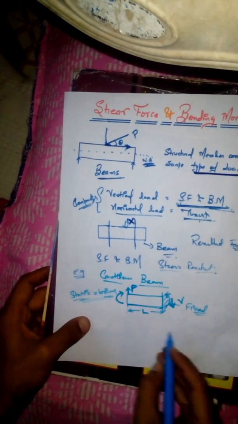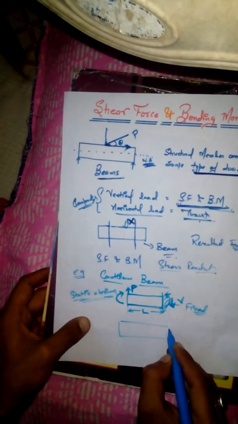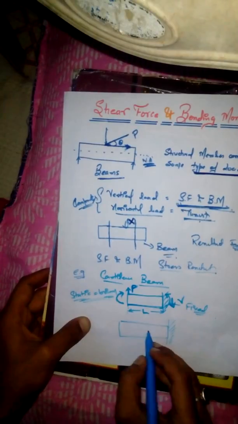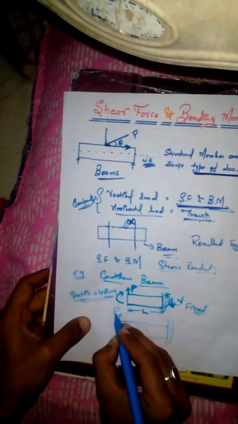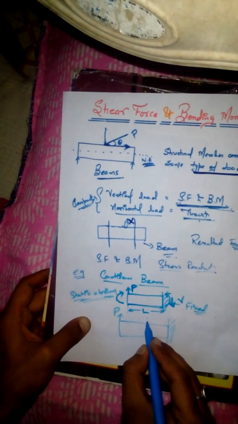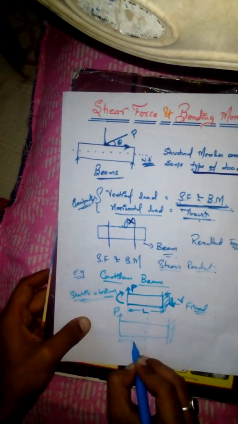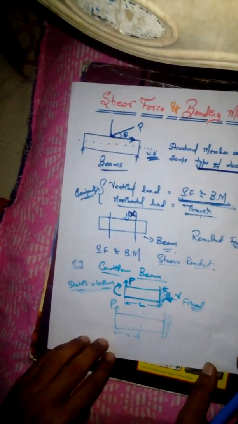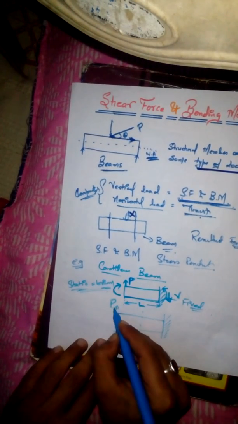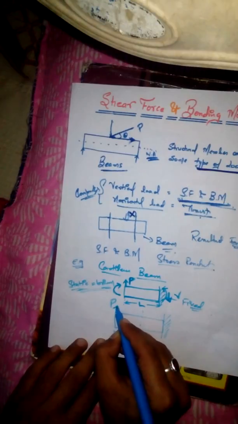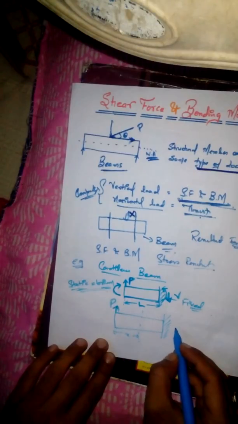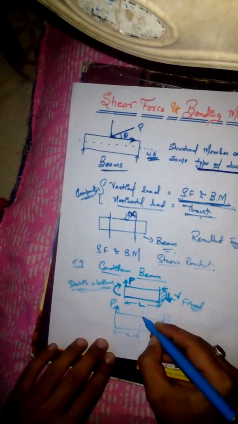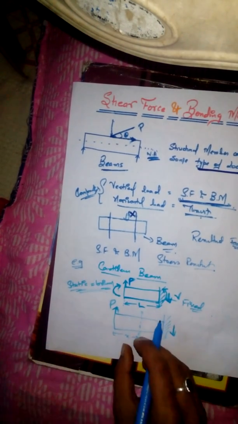Let's take another beam, which is also a cantilever beam. Let some load P be applied here at a certain distance, let it be x. We discussed that the load P is balanced by some downward load V. For this we are taking a section.